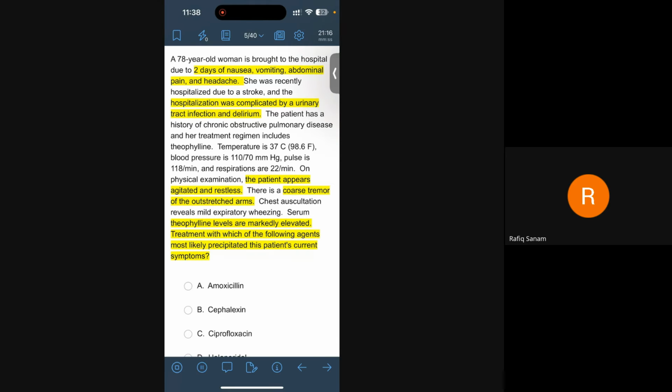So we have to find a drug which can be given in a urinary tract infection and inhibits cytochrome P450, due to which theophylline will no longer be metabolized in the liver and its level increases in the blood. Okay.